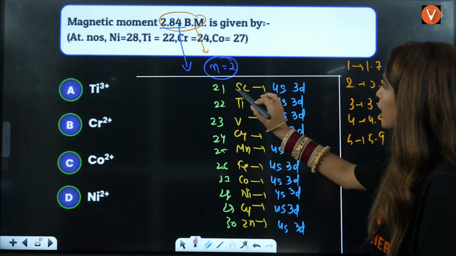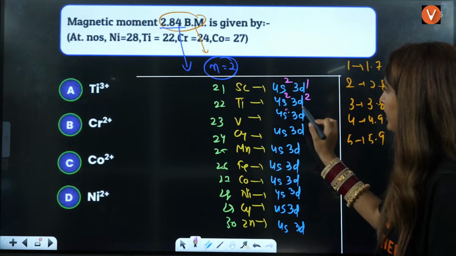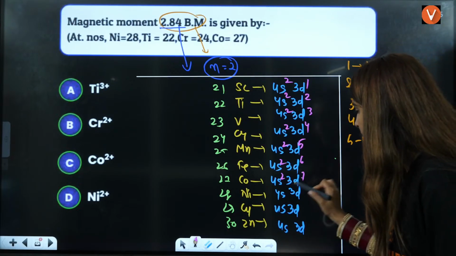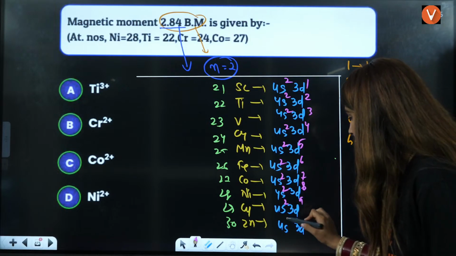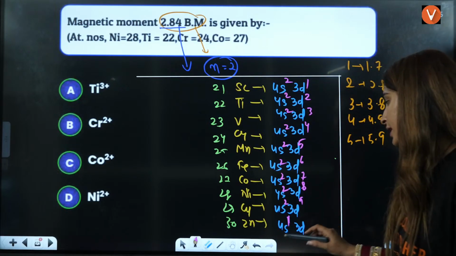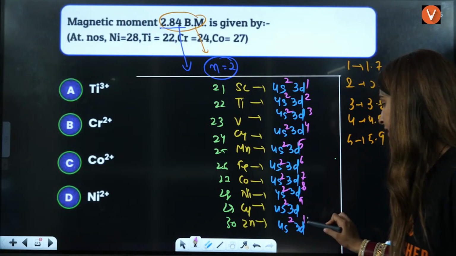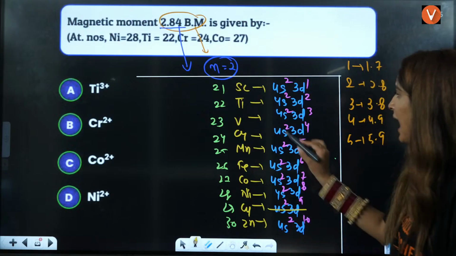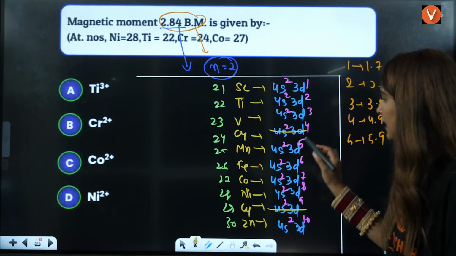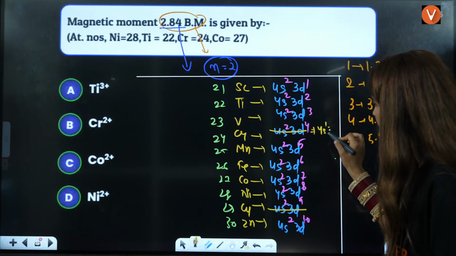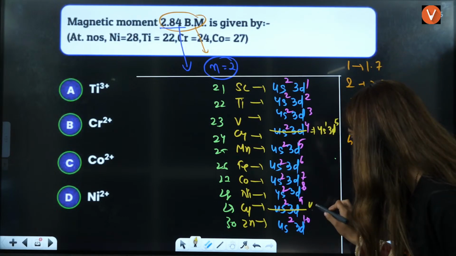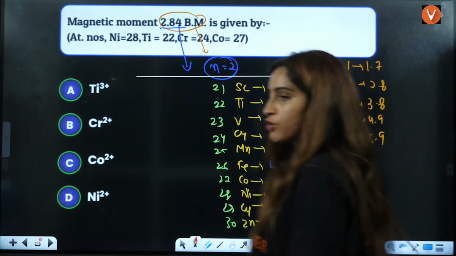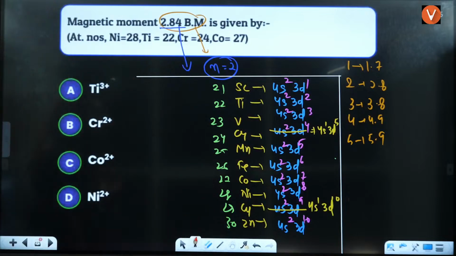So it is 21, 22, 23, 24, 25, 26, 27, 28, 29, and this is 30. For 30 we will have 2 and 10. Now remember that for chromium there is an exception, 4s1 3d5, and for copper it is 4s1 3d10. If you know these electronic configurations, you will easily be able to solve the questions here.